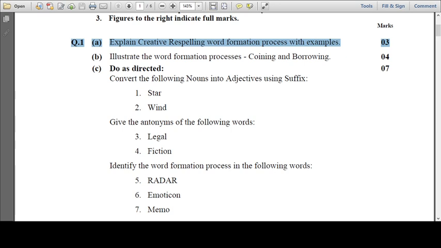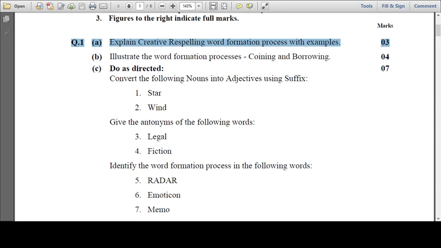But this process is generally used in the commercial sector, with product names. For creative spelling, you may have seen, for example, 'forever', where they can creatively write 'four' in numeral form. These are the examples of creative spelling.